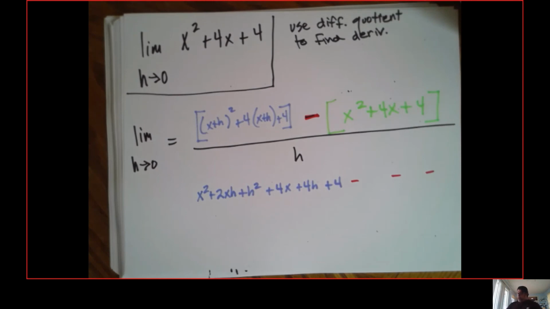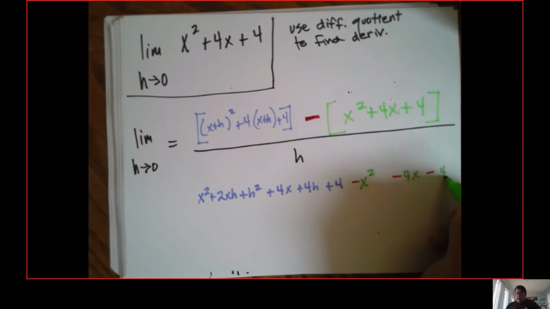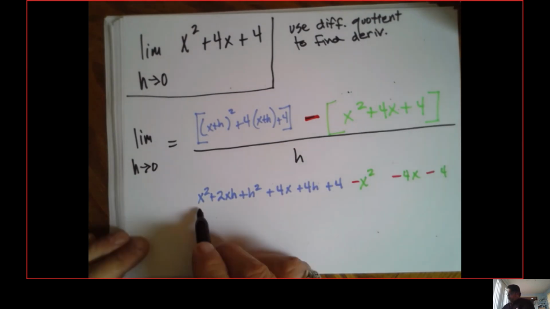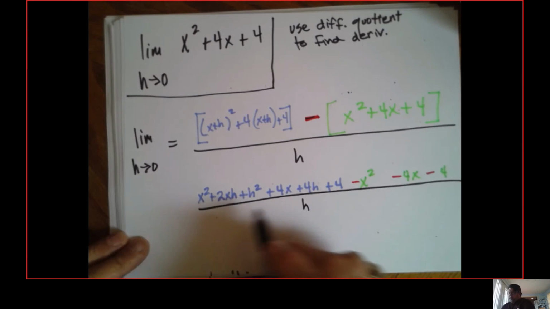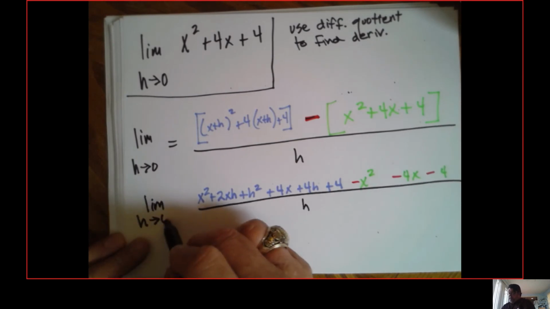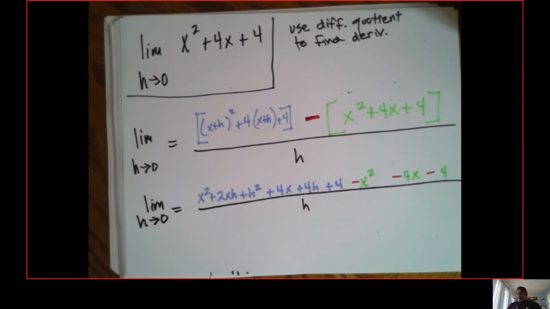That's going to give you x squared minus 4x minus 4 all over h. Limit as h approaches 0. Always put this because you got some teachers that'll mark it wrong if you don't put the limit in front of it.